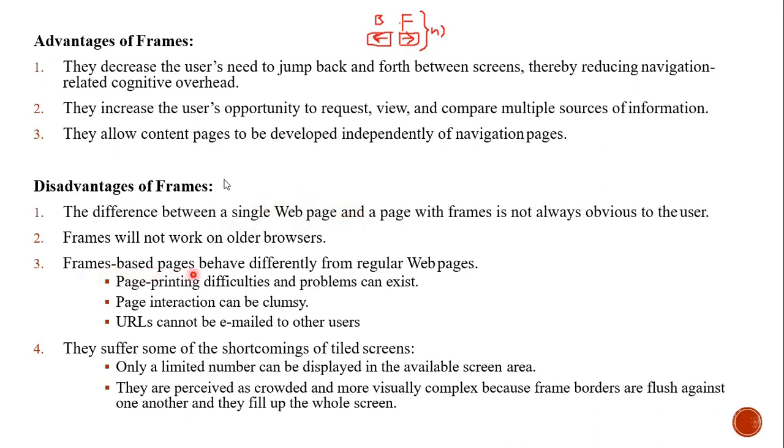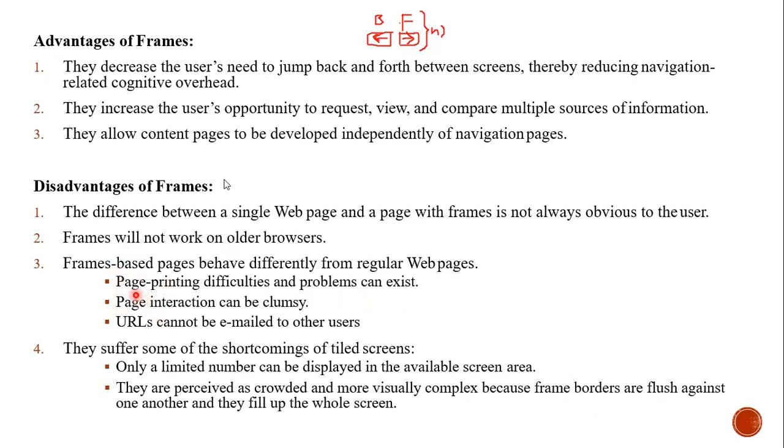Frames-based pages behave differently from regular web pages. So there are certain differences between the regular web page and the frame-based web pages. Page printing difficulties and problems can exist in the case of frames.